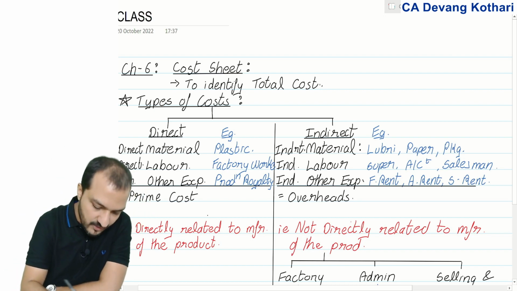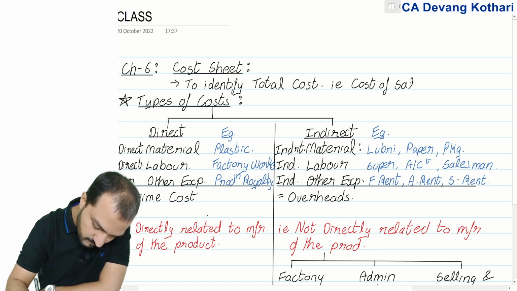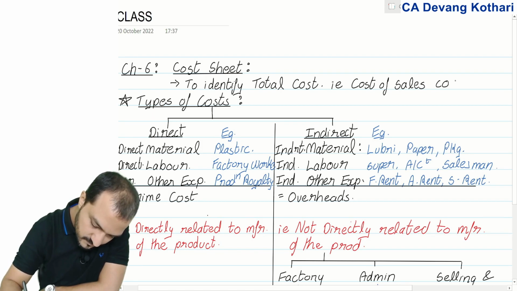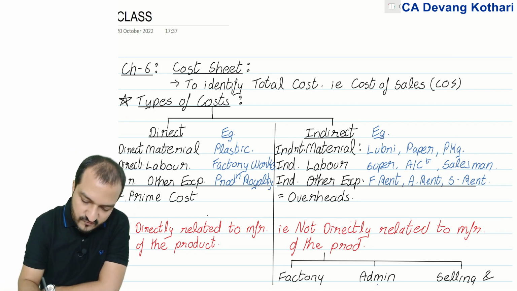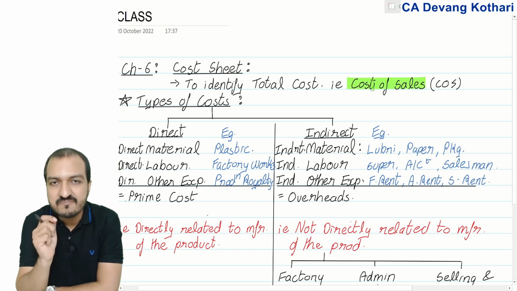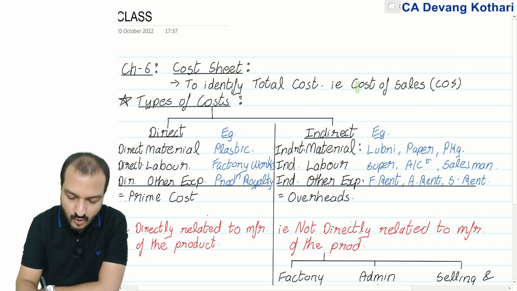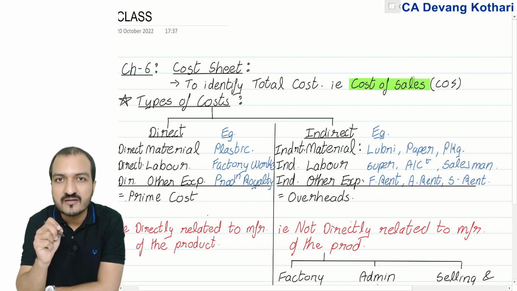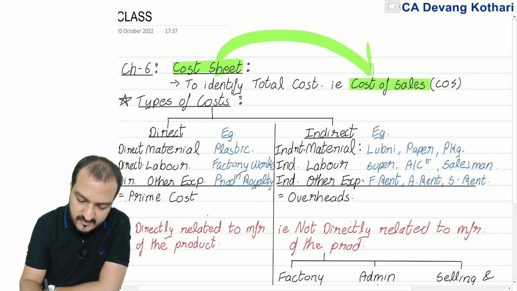That total cost in my costing subject is called cost of sales, COS. There are various items of cost and various names that we will be learning, and after learning so many items of cost, we will eventually learn what cost of sales means and how to calculate that. But the purpose of cost sheet is to calculate the cost of sales.